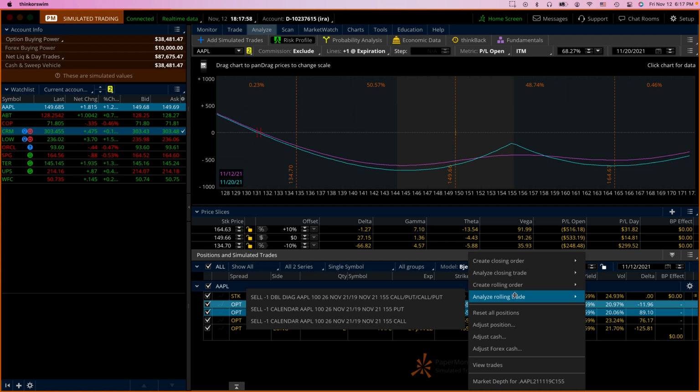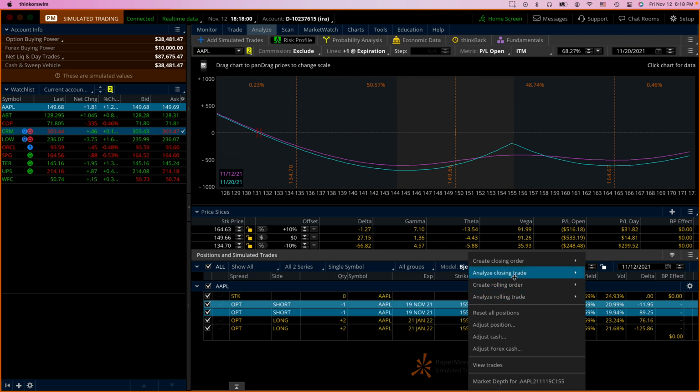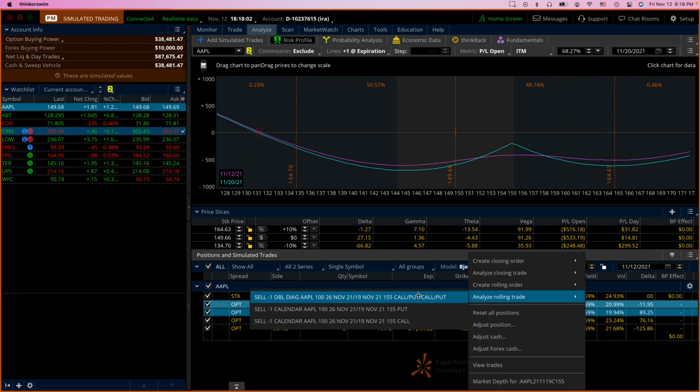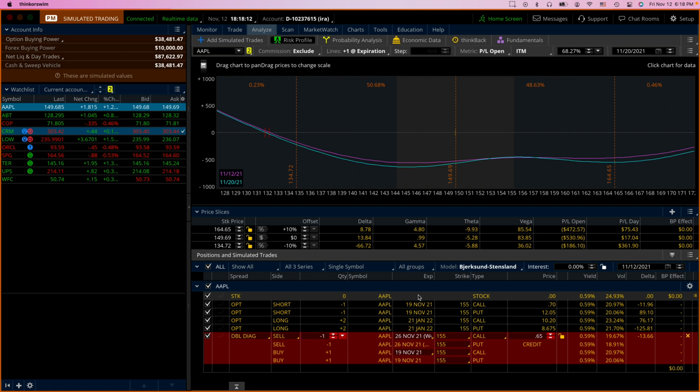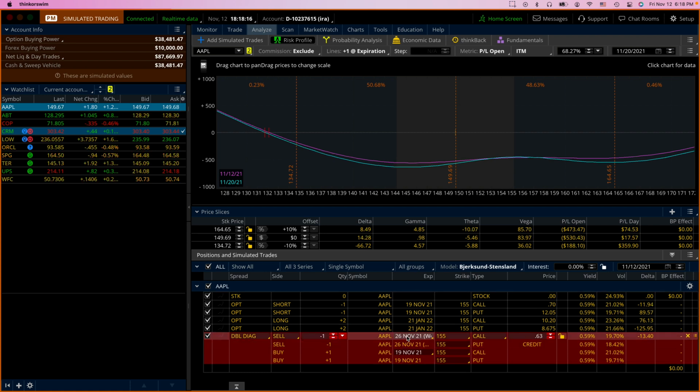Right click, okay? You need to right click and then say Analyze Rolling. And then select a double diagonal that switches the November 19 to November 26, I think. Okay, and here now we change that. We want this to be a month or so ahead.